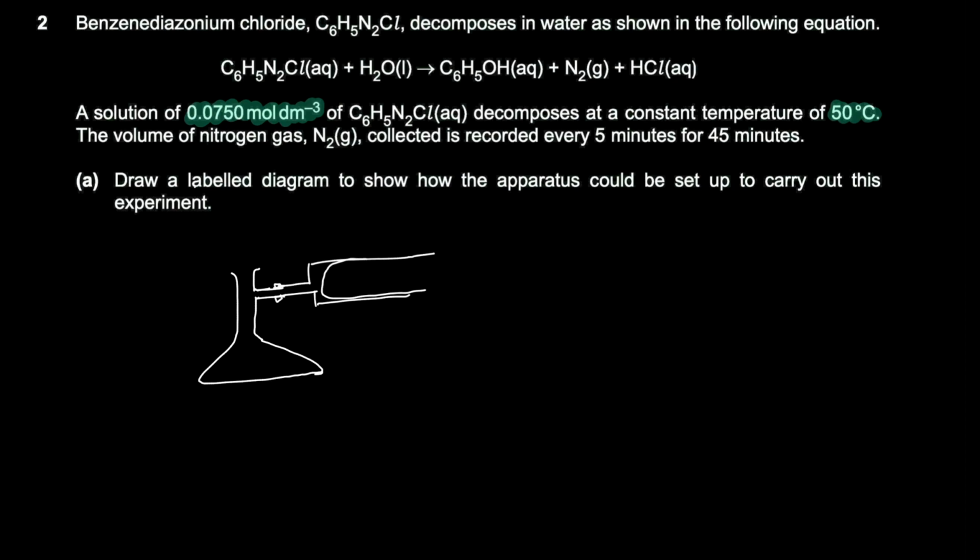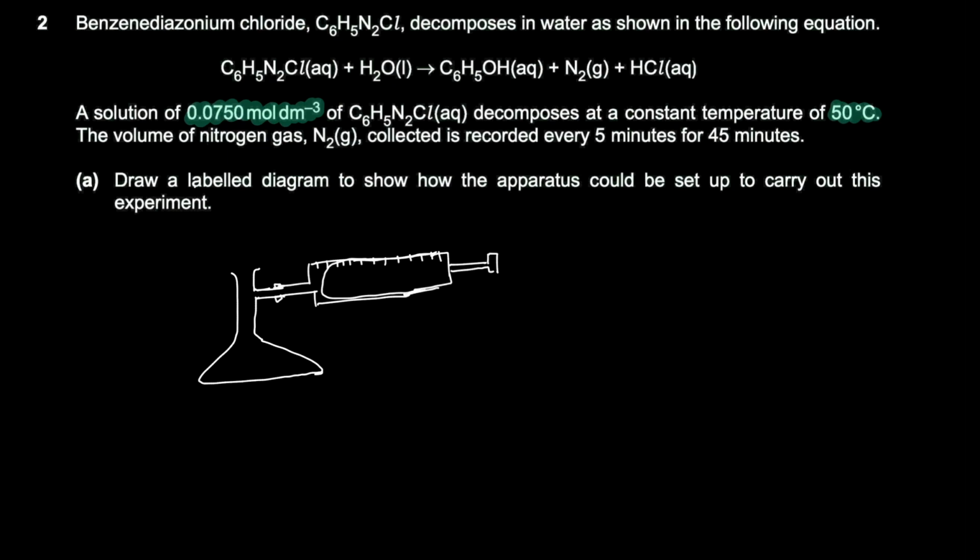This is a graduated gas syringe, so draw the graduation marks as well. And then since we want to maintain a constant temperature, we're going to need a water bath.